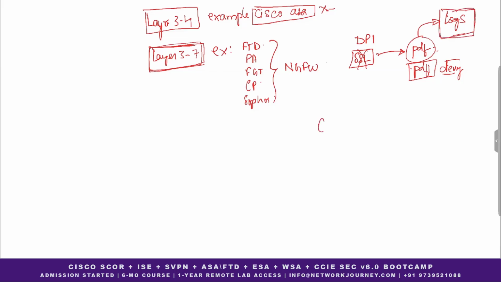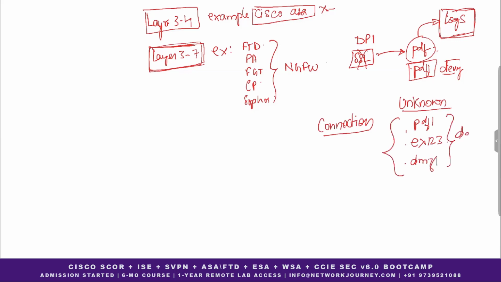Whatever allow and deny happens, you will see in the log messages. In the connection log message, every detail is put up, from where the PDF came, from where it is going, etc., and what extension it is. If you find any unknown extension like PDF1 or EX123 or any DMZ1, anything, any unknown extension, it will deny it.